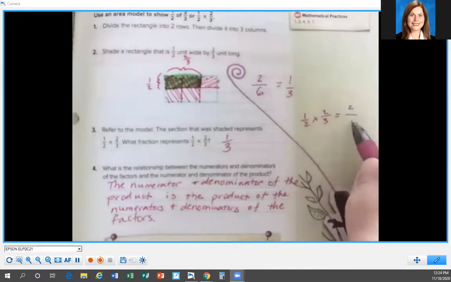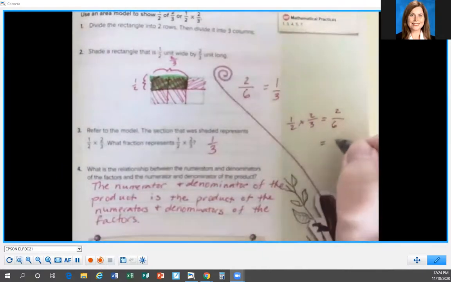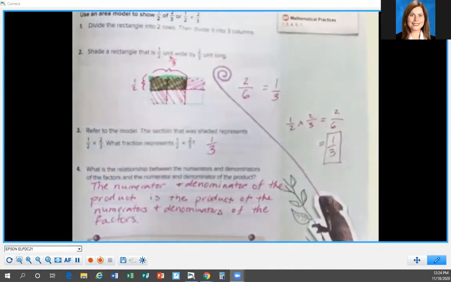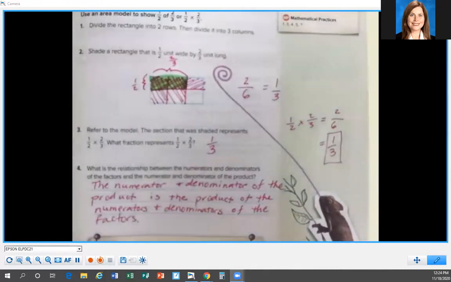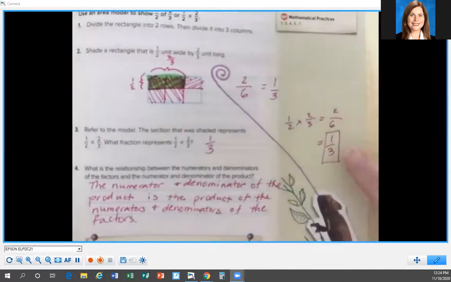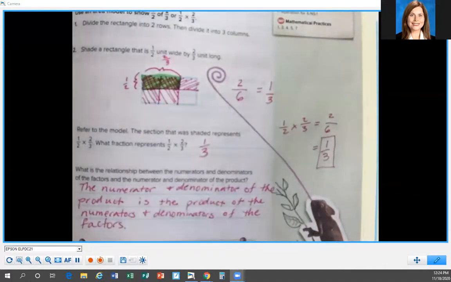Then my new denominator will be 2 times 3, which gives me 6, 2/6. And then in math, we always simplify because we don't want to have 2 different possible correct answers. We just want to have one agreed upon correct answer. And mathematicians always agree to simplify, so we want the simplest form. Okay?